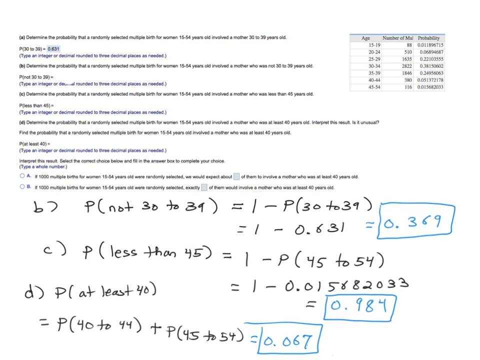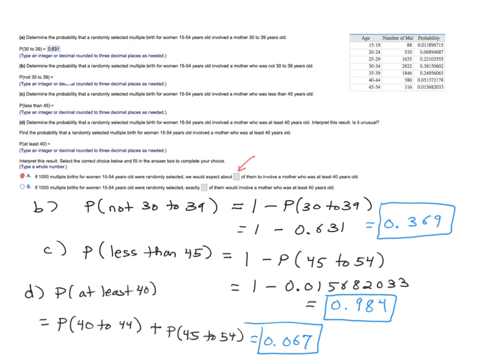There's a couple more parts for D. It says to interpret this result. So this was the probability of a randomly selected person being 40 to 54 years of age. Well, what would that mean if you had 1,000 multiple births for women in this category? It doesn't tell us anything exactly. It tells us something that's roughly or about. So you want to choose option A, and you want to know about how many this is going to be.